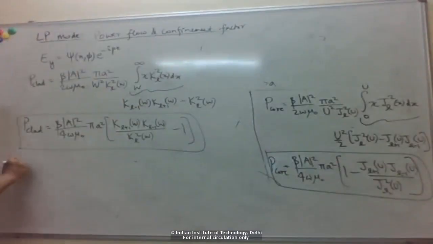So the total power guided in the fiber is the sum of the power in the core and the cladding.